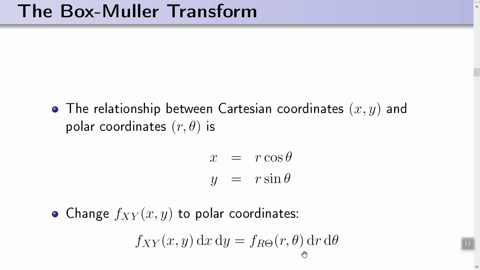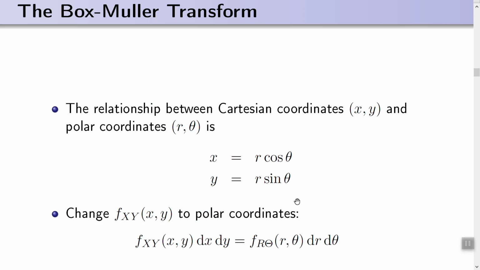Now, if we remember Cartesian coordinates x and y, switching to polar coordinates r and theta, the relationship is x equals r cos theta and y equals r sine theta.